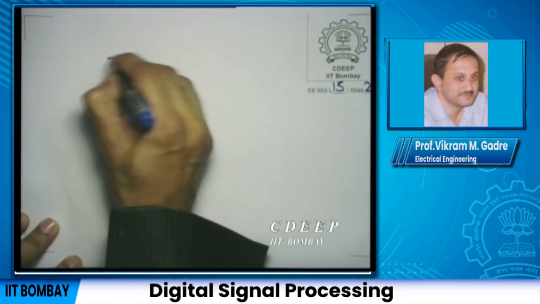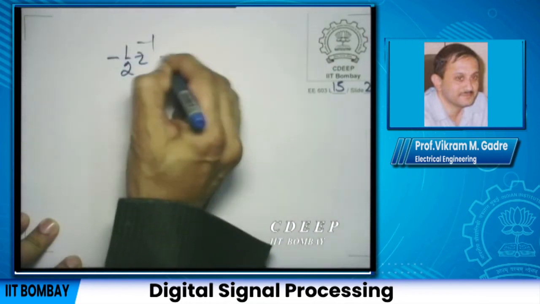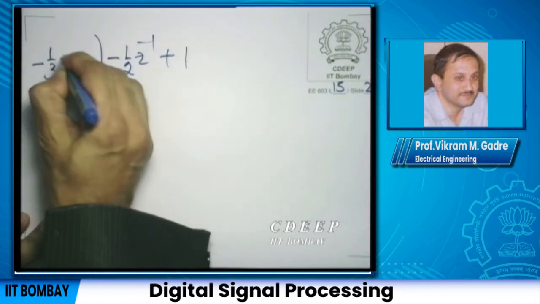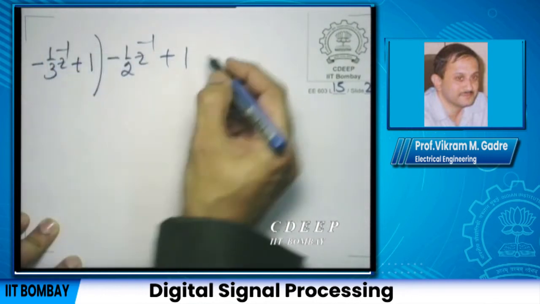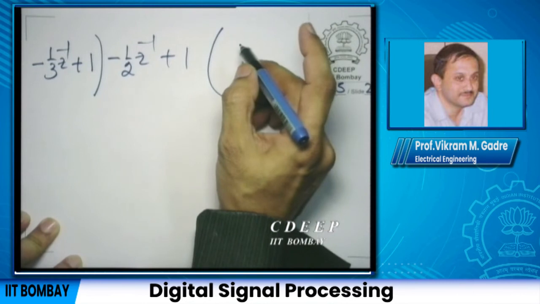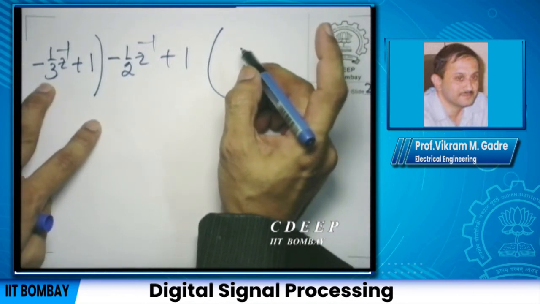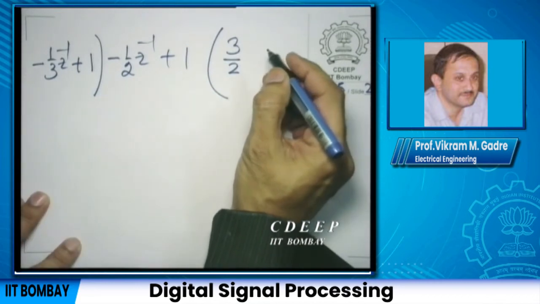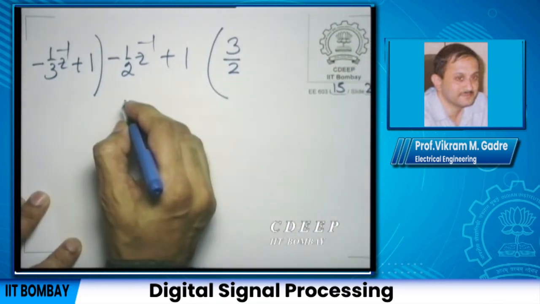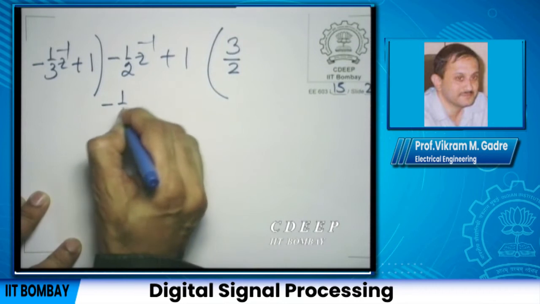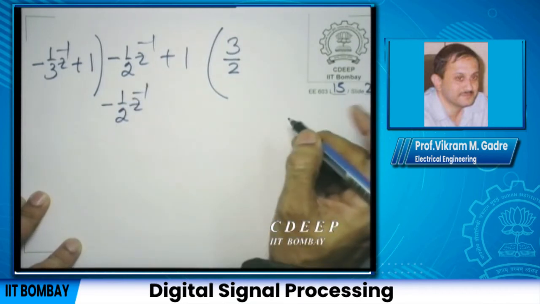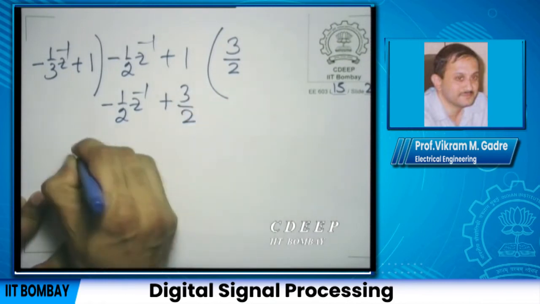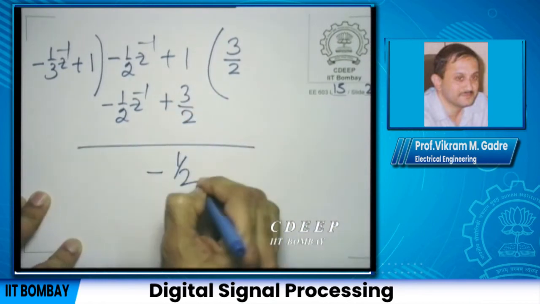We should write this as minus half z inverse plus 1, long divided by minus 1/3 z inverse plus 1, and you need to multiply minus 1/3 by 3/2. That gives you minus half z inverse plus 3/2, and when you subtract you get a minus half there.